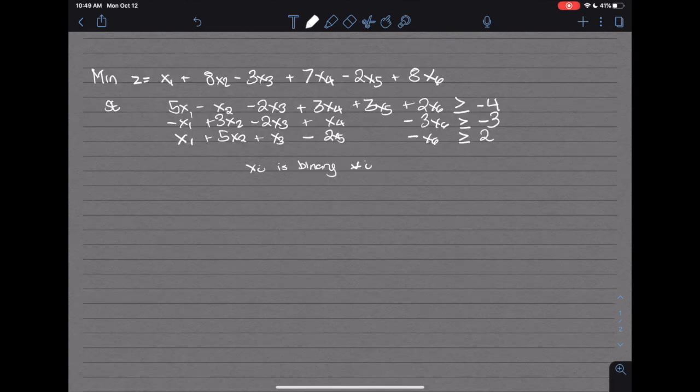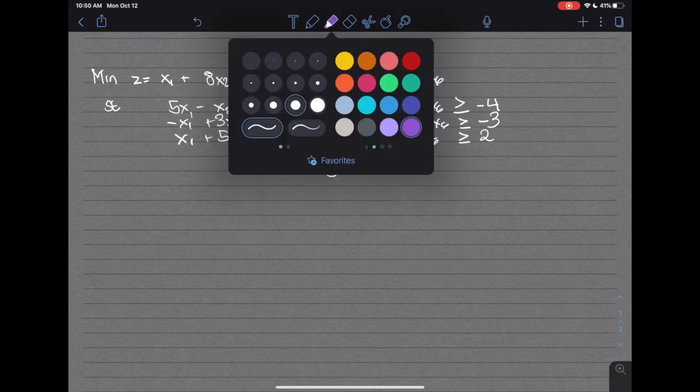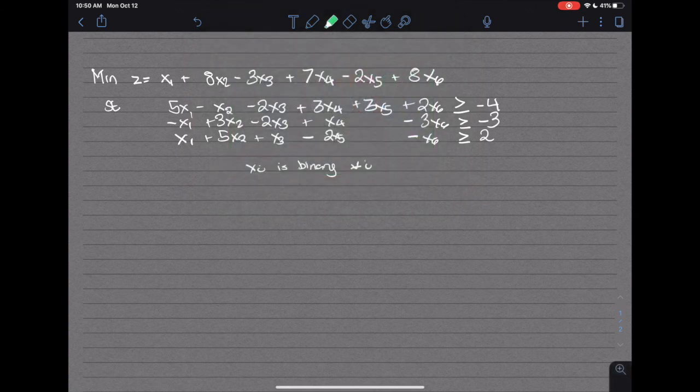Alright, this is the example given in the slides. Min z equals x1 plus 8x2 minus 3x3 plus 7x4 minus 2x5 plus 8x6, given the three constraints. First step is to transform the problem into a minimization problem. Luckily for us, the problem is already a minimization problem, so we don't have to do any transformation.